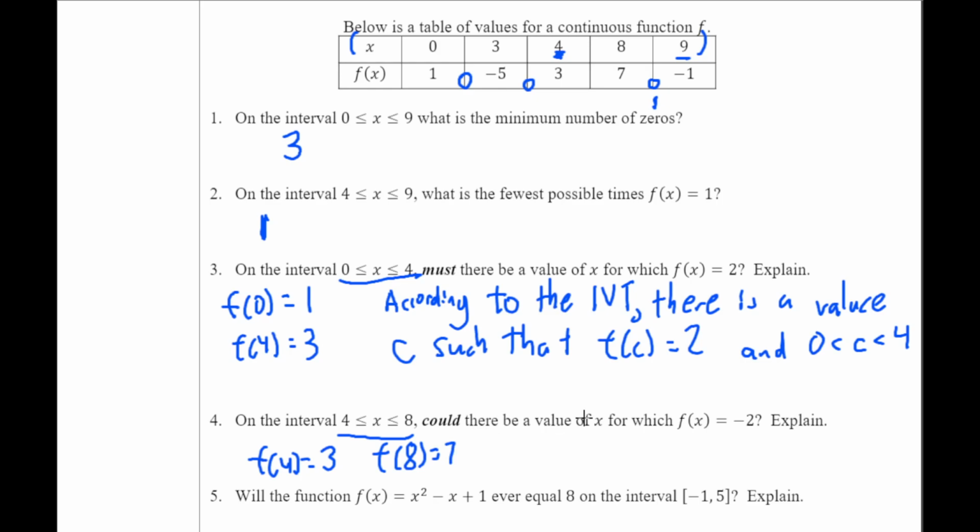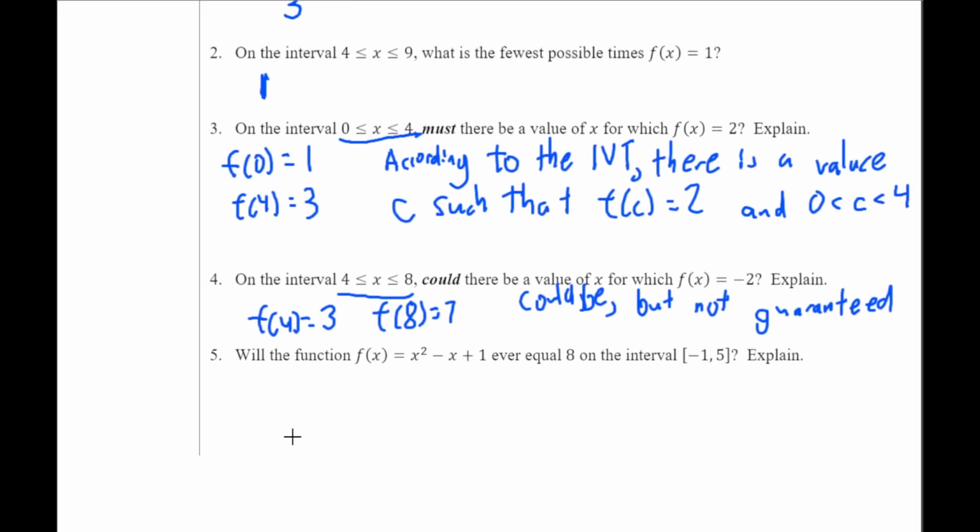Could there be a value of x for which f of x is equal to negative 2? There could be, but it's not guaranteed. Again, in order to be guaranteed by the intermediate value theorem, the value you want has to be in between. So negative 2 is not in between 3 and 7, so no guarantee.